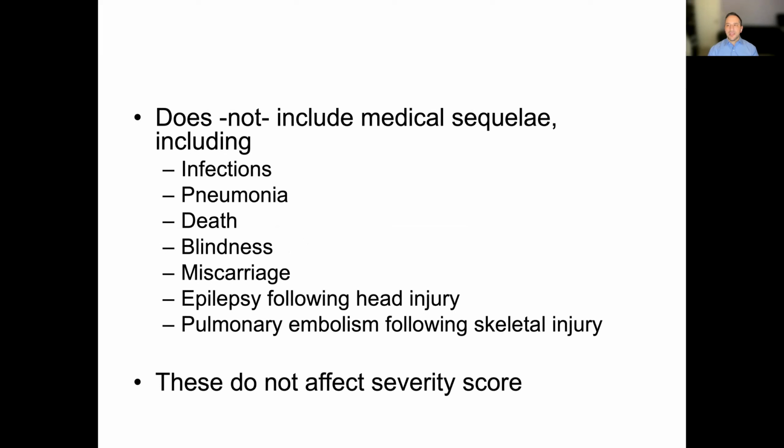So let's say you get an injury and then you get a subsequent infection, or you subsequently die from the injury itself, or have other sequelae like blindness, miscarriage, epilepsy, a pulmonary embolism. These are not included in the AIS coding or the injury severity, and they don't affect the severity score of the injury. So again, anatomically based injuries, not talking about any physiologic factors or any sequelae.